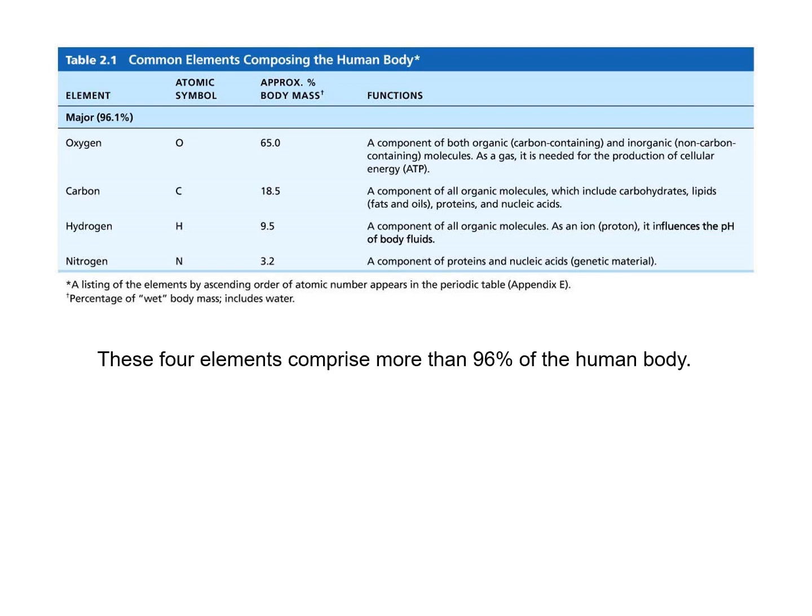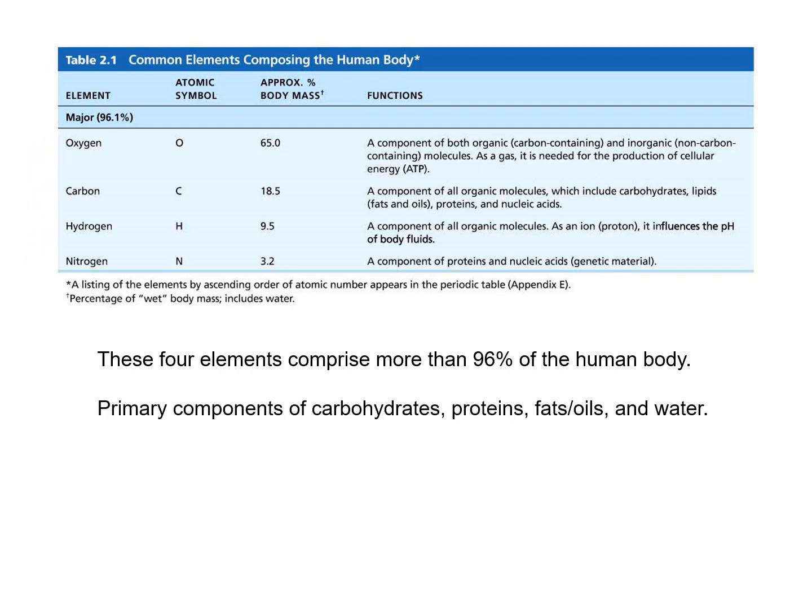And that reflects the fact that these elements are the major components of the nutrients carbohydrates, proteins, fats and oils, and water. Of course, water is the most abundant substance in the human body, followed by proteins. And then we have some fats and oils in the human body, and then a small amount of carbohydrate.